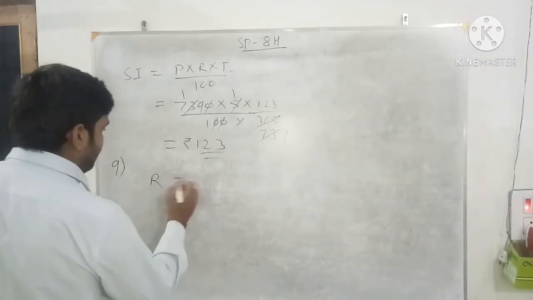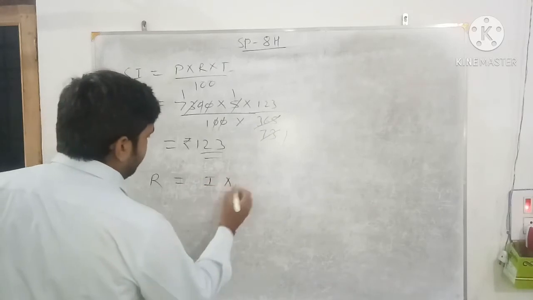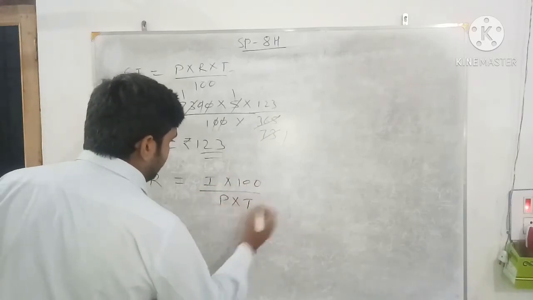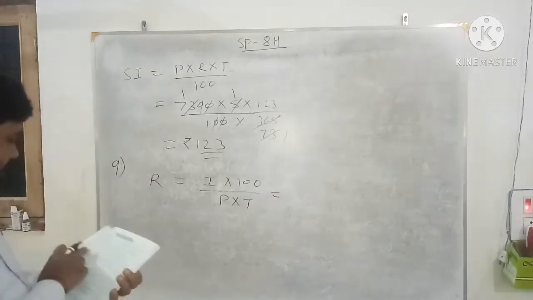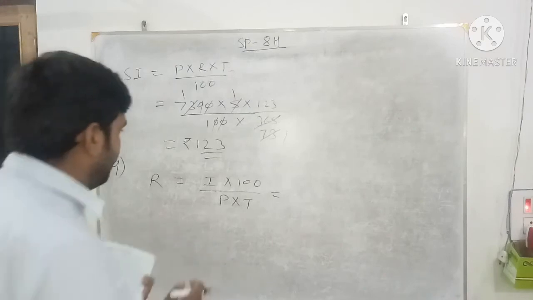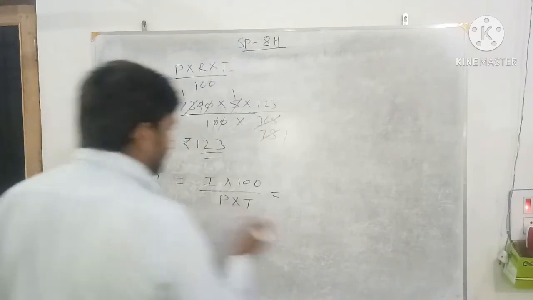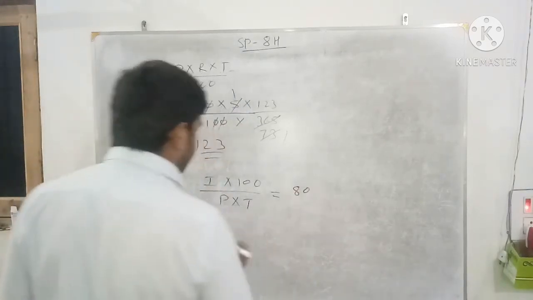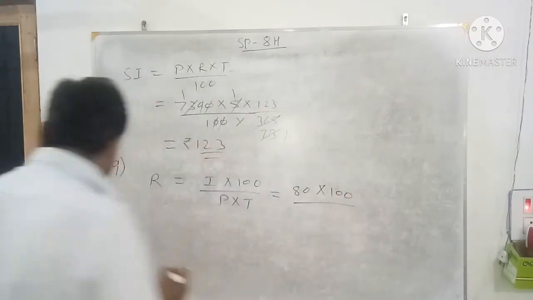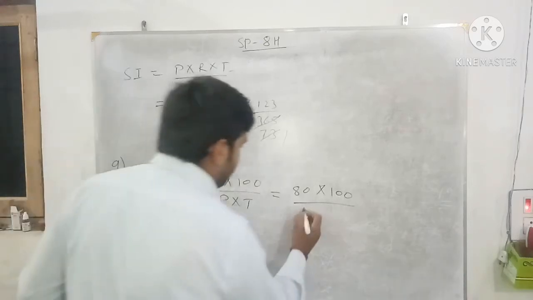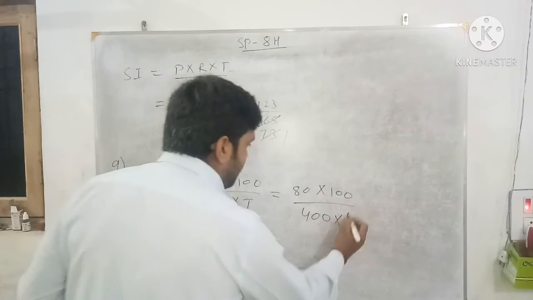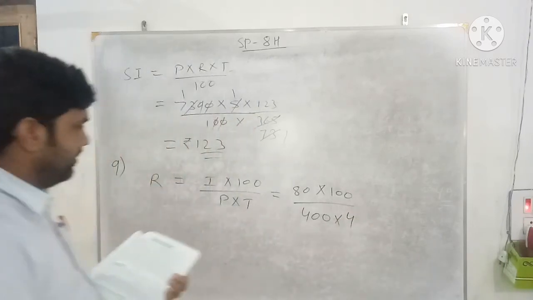Rate is equal to I into 100 divided by P into T. The interest is amount minus principal, so 480 minus 400 gives you 80 rupees. So 80 into 100 divided by principal 400 and time 4 years. So you will get the rate.